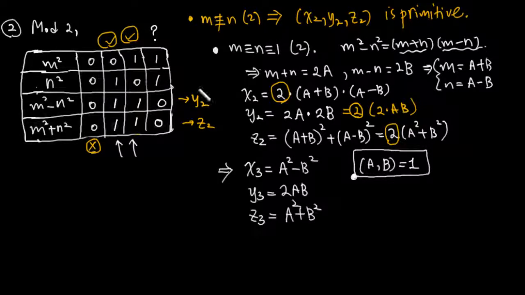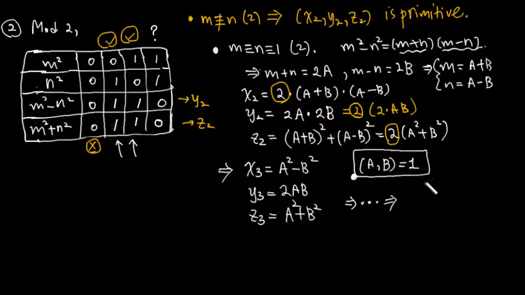If a and b are both odd, you keep reducing it, and you will eventually reach the condition that it does not have a common factor anymore. Then it means that these m and n, in this case a and b, will eventually become opposite parity. So that's the final conclusion.